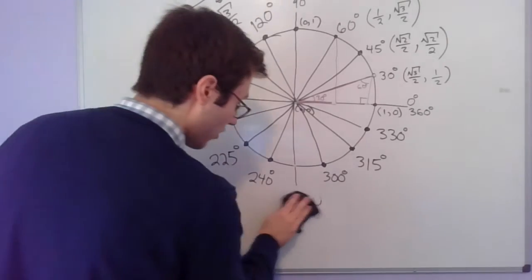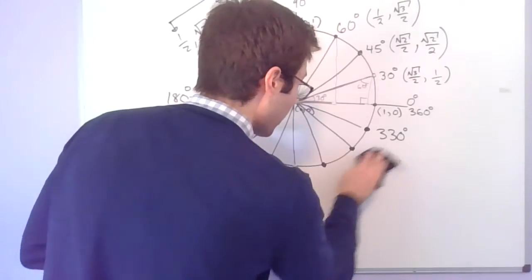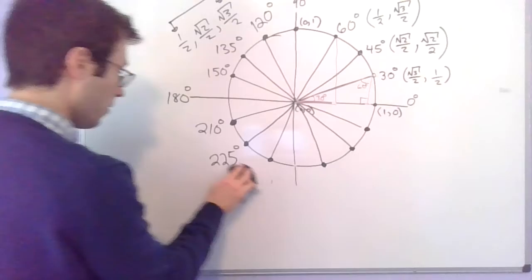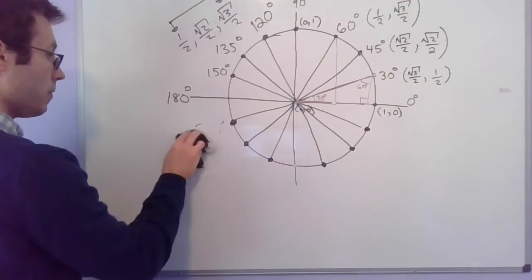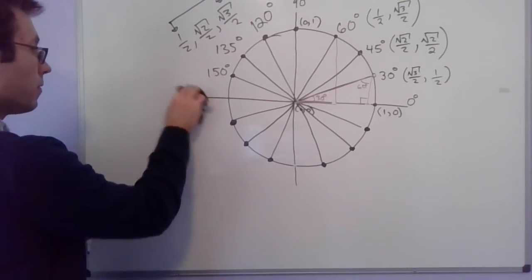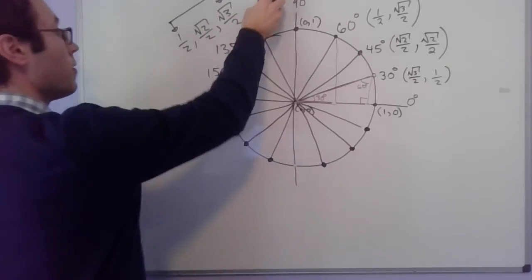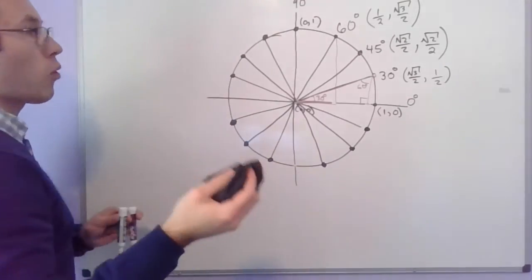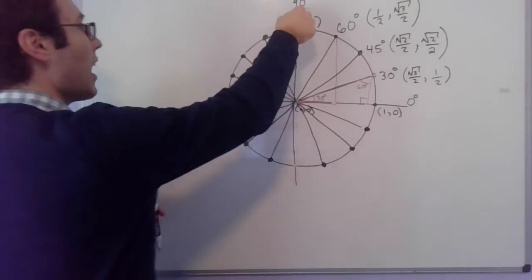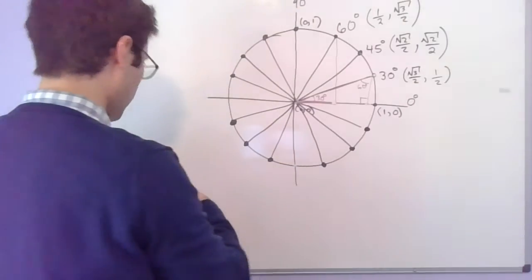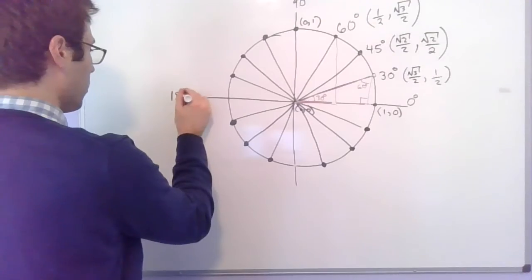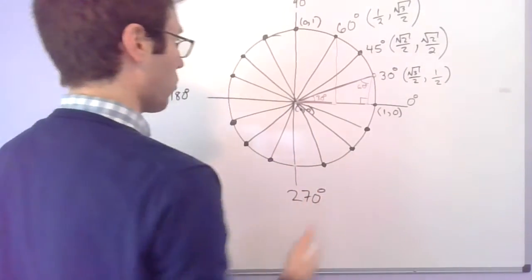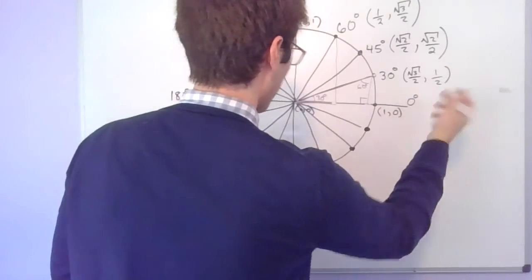But I might keep some of them. Like our important ones were, this was 90, this is 180, plus another 90 is 270. I mean, those are our very important ones. And it cycles back around, that's 360.